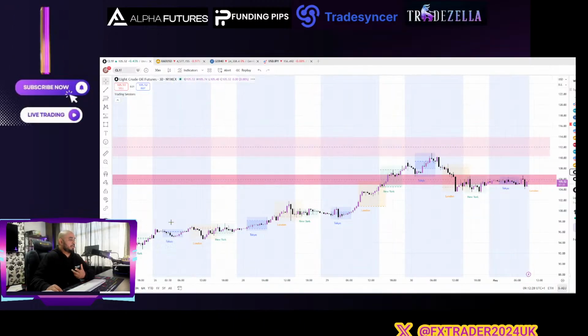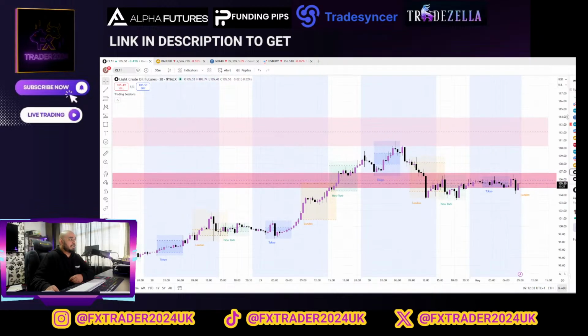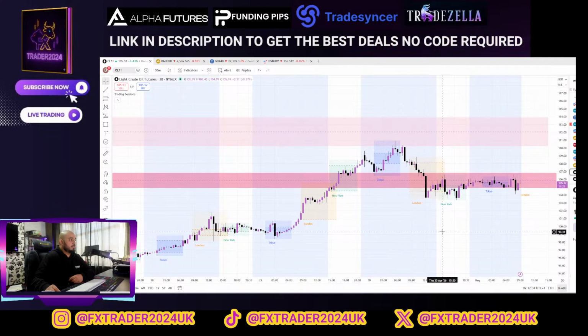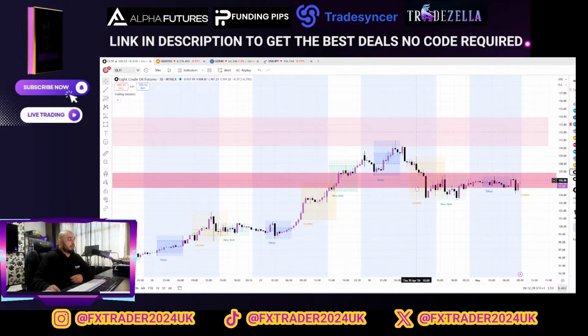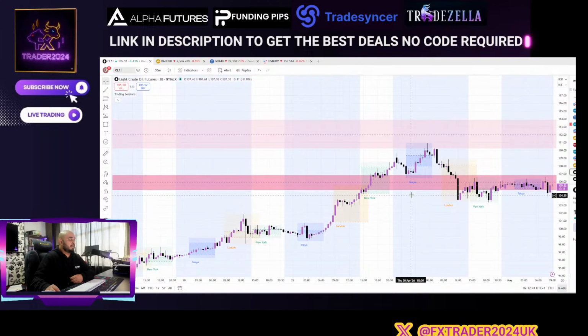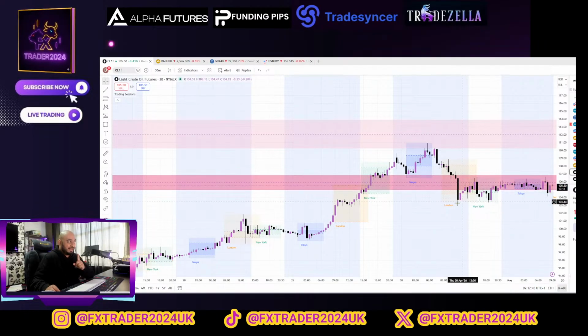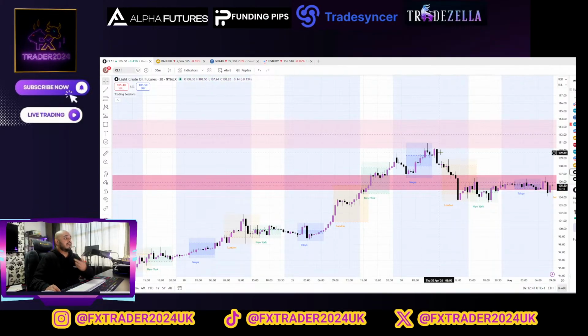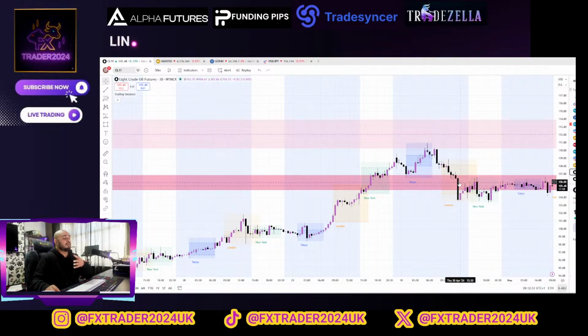This is just a quick top-down analysis. After it hit the supply zone, price has come down, but it's not broken structure to the downside yet, because price never retraced into a discounted area in the first place.